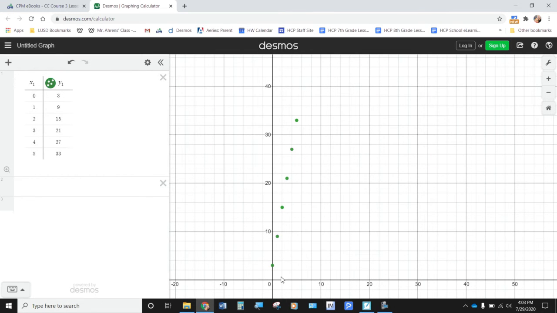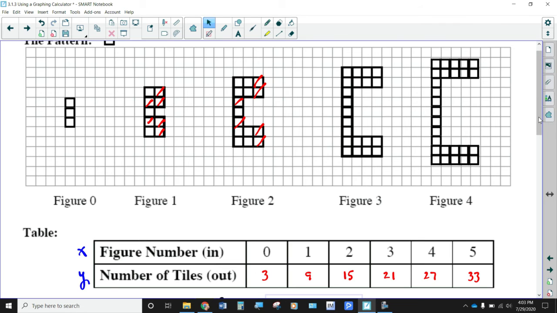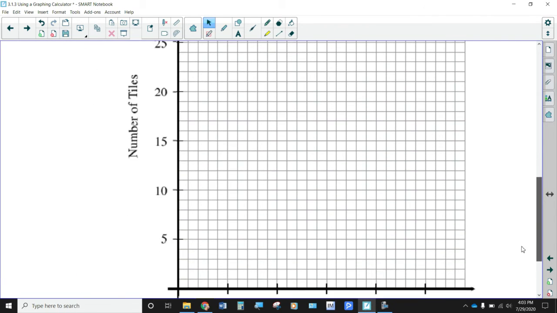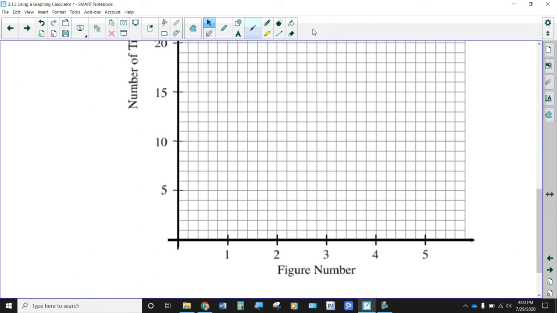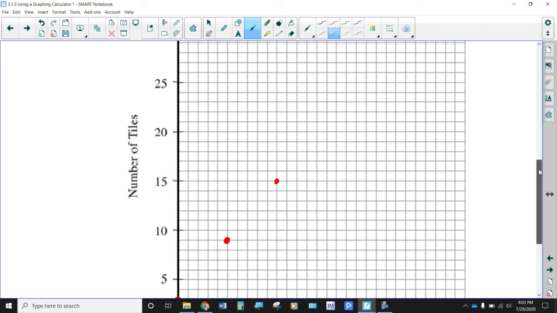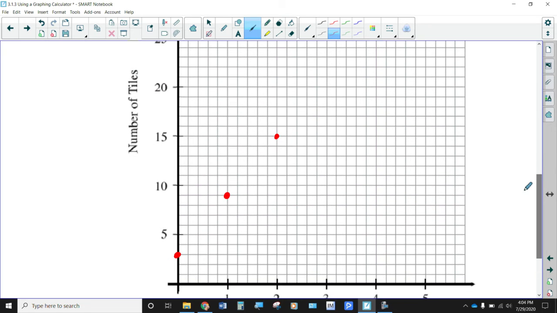So let's go ahead and transfer that information onto the graph that we have here, where we're going to put in our figure 0 had 3 tiles in it. Figure 1 had 9 tiles. Figure 2 had 15 tiles. Is that a straight line? Figure 3 had 21.